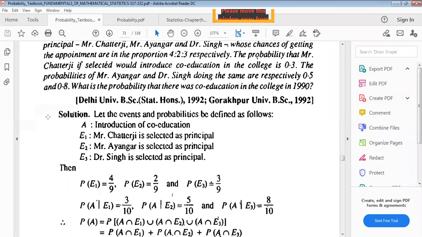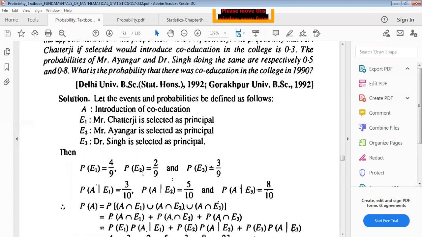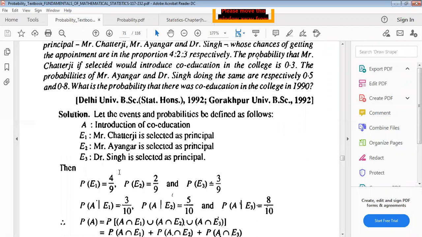Let there be 3 events, and the probabilities are defined as follows. A is the introduction of co-education, E1 is Chatterjee selected as principal, E2 is the other candidate Ayanagor selected as principal, and E3 is Dr. Singh selected as principal. Now the probabilities of E1, E2, E3 are given by the proportions. The total proportion is what? 4 plus 2 plus 3, which is 9.